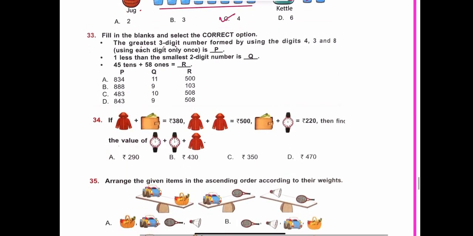Next question is 33. Fill in the blanks and select the correct option. The greatest 3-digit number formed by using the digits 4, 3 and 8 will be 8, 4 and 3.